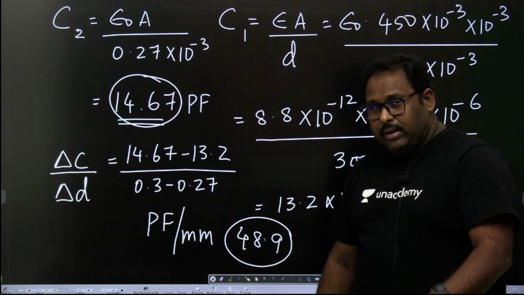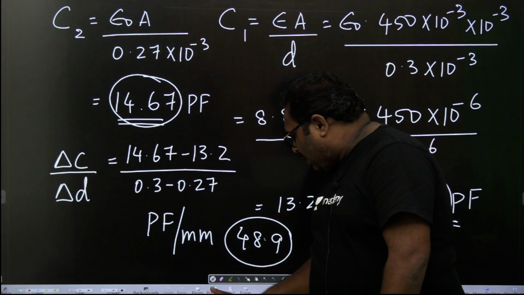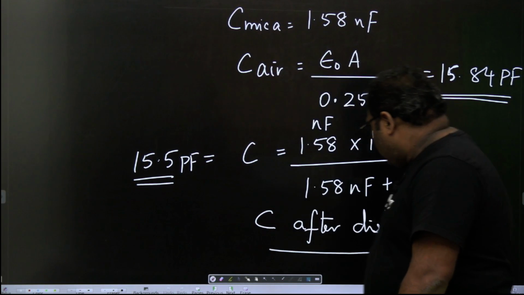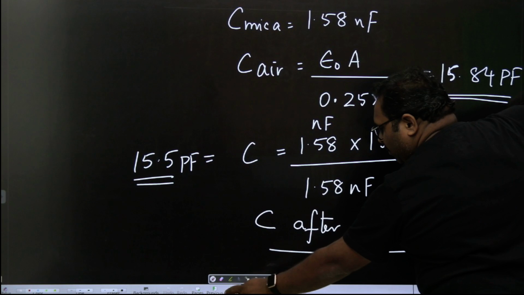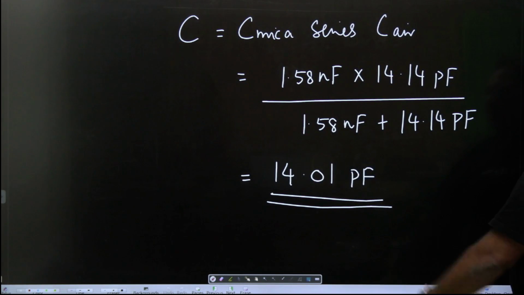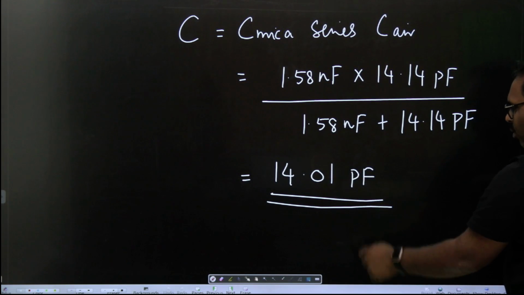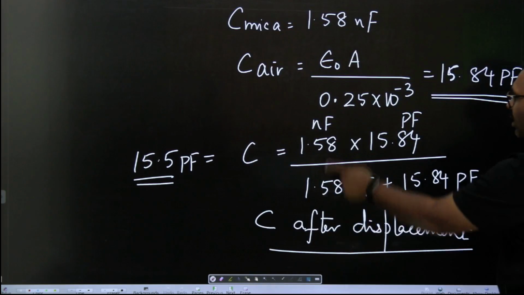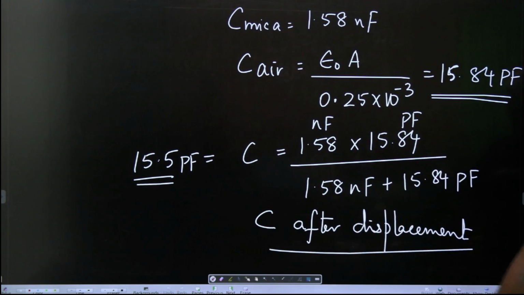Now with the dielectric you have to calculate it. So what is that value that comes to be, students? It should be 15.5 minus 14.01. So this was before the displacement, 14.01. This is what after the displacement or after the pressure or after the transducer starts to work.